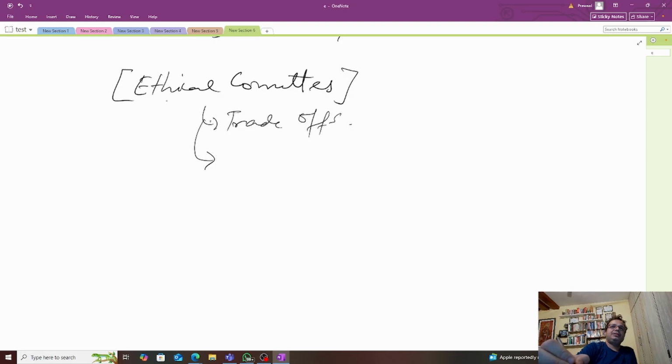But they need to understand the trade-offs. Ethical committees also talk about the risks that come with all these AI algorithms, and decide whether it is worthy to take that risk for the efficiency and competitiveness, or not.